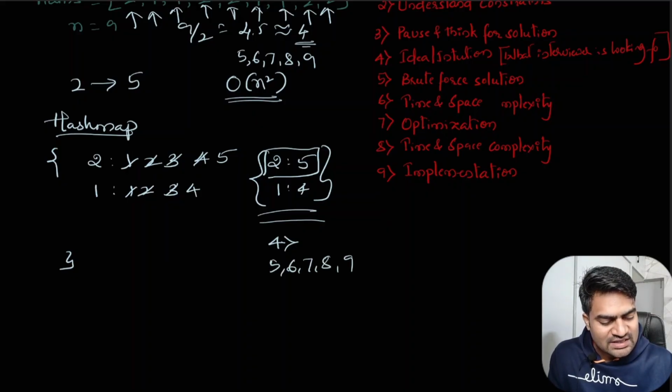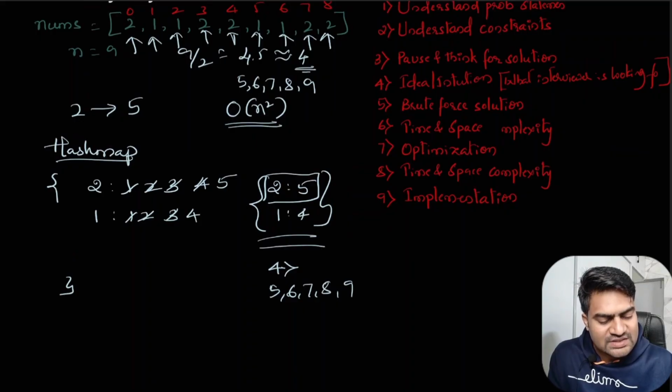Here in this case, 2 is appearing exactly 5 times and 1 is appearing 4 times, but there may be a case where 2 appears 6 times and 1 appears 3 times, or 2 can appear 7 times and 1 only 2 times, something like that. So we will have to properly check whether the number really appears more than n by 2 times.